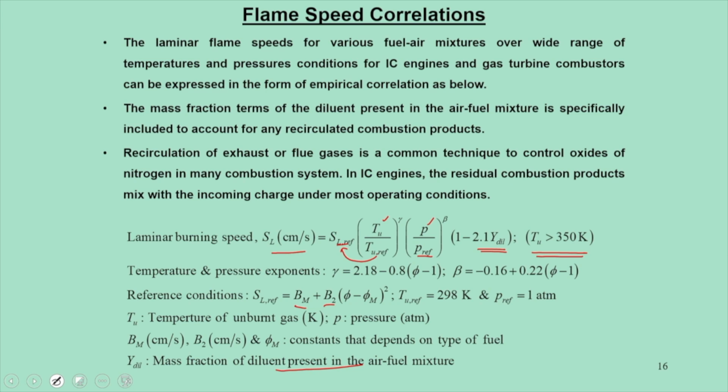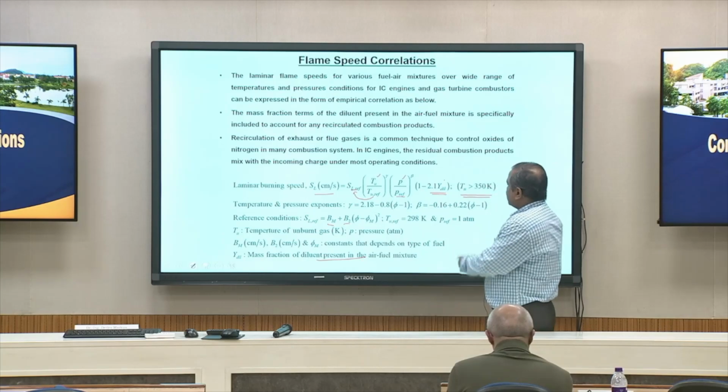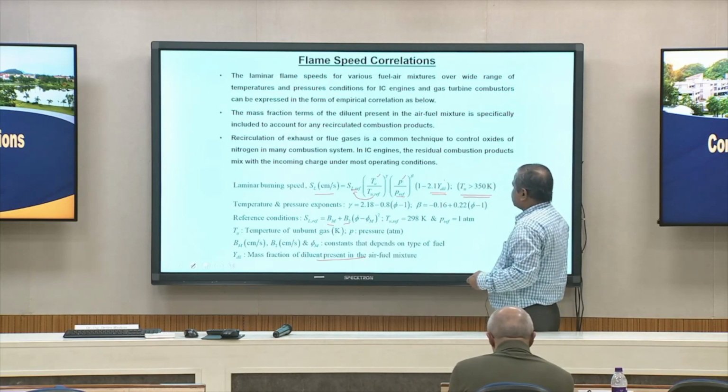Basically, you know the reference conditions, and if you know what temperature or pressure you need to find out, then we can find this value. In some cases, if the Y mass fraction of any other undesirable products is absent, this calculation stops at this point. So this factor becomes 1, this term becomes 0, and it has no effect on the laminar speed calculations.